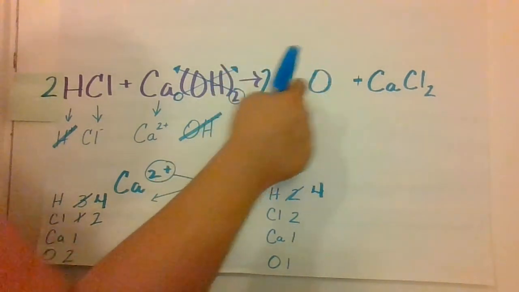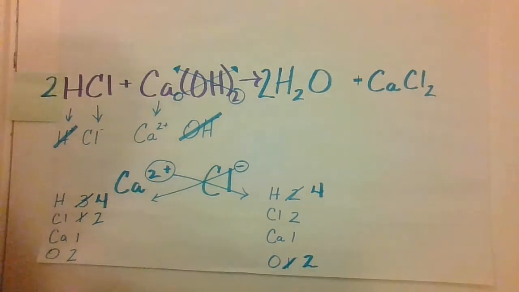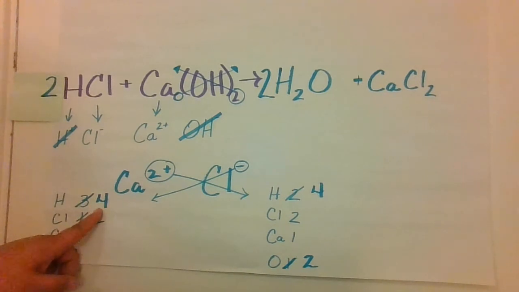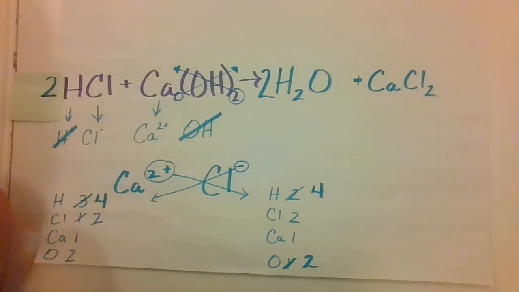So 2 times that oxygen is going to give us 2. Now if we take a look, we have 4 hydrogens on each side, 2 chlorines on each side, a calcium 1-to-1 on each side, and 2 oxygens on each side. So this acid-base neutralization problem has been completed.